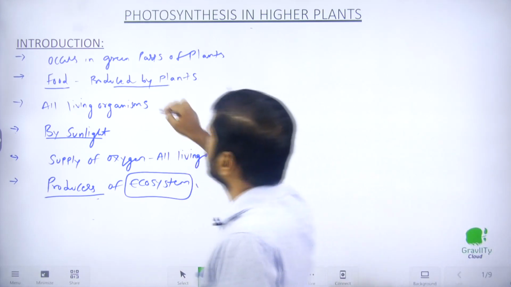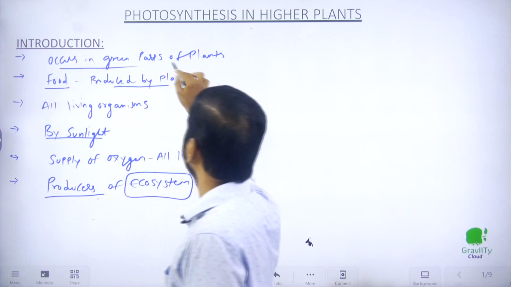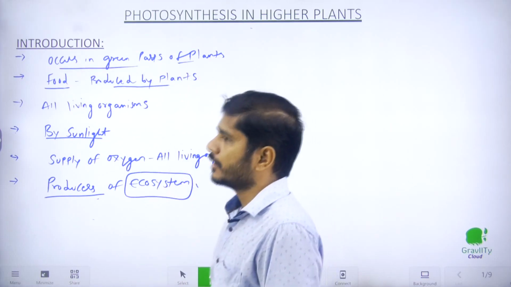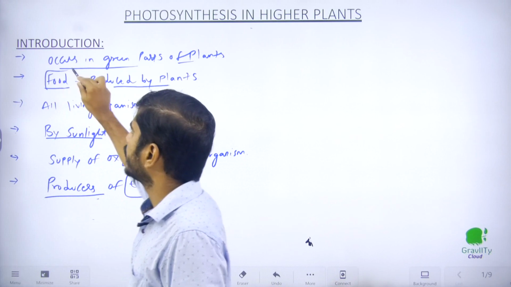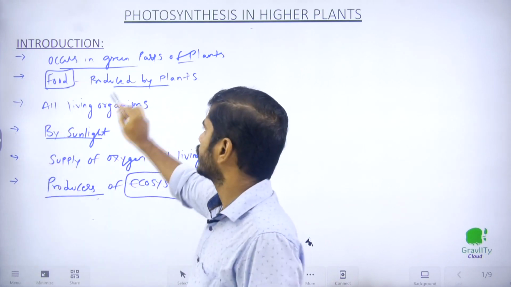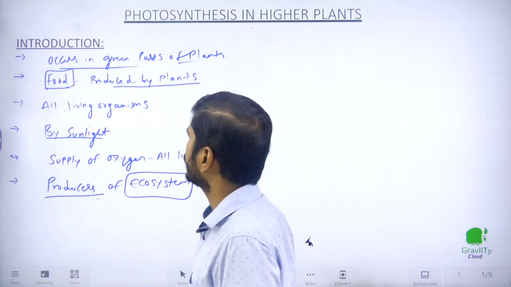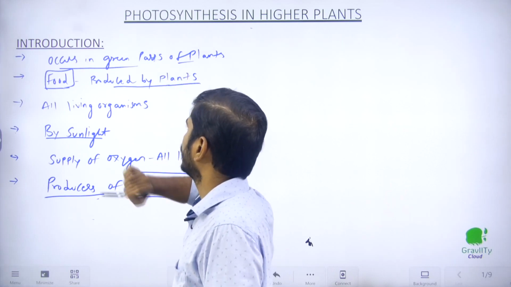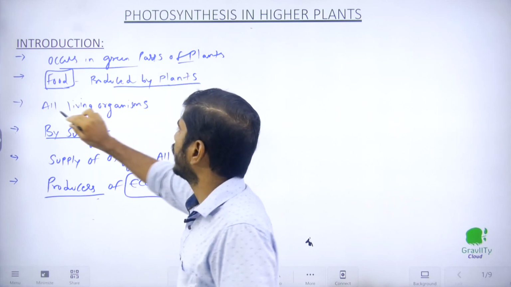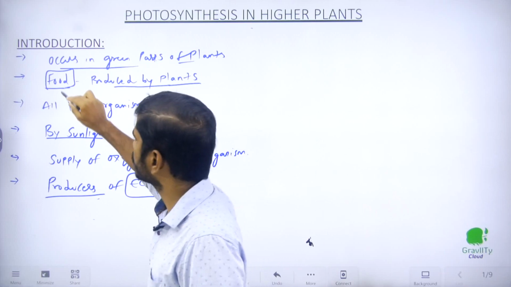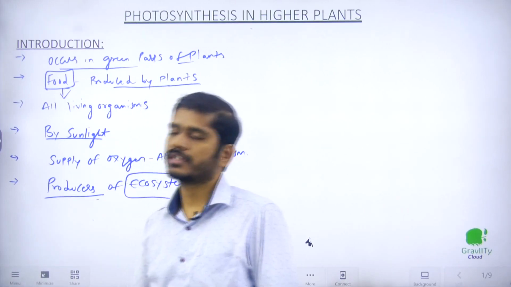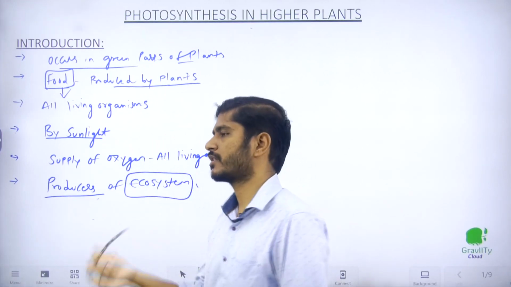So basically, photosynthesis occurs in green parts of plants, and for what purpose? It is providing food initially. Food is produced by plants, as we discussed, in green plants, and this food is for all kinds of living organisms, irrespective of herbivores or carnivores or whatever.